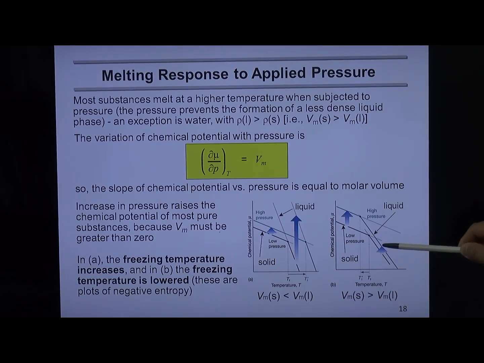So in this case, the melting point decreases to the left, right? So if we increase the pressure, the melting point decreases. This is the case for water, right? For H2O, the molar volume of ice is larger than the molar volume of liquid water, okay?